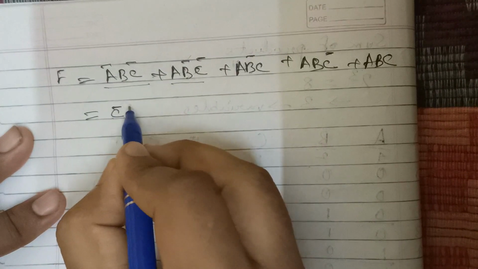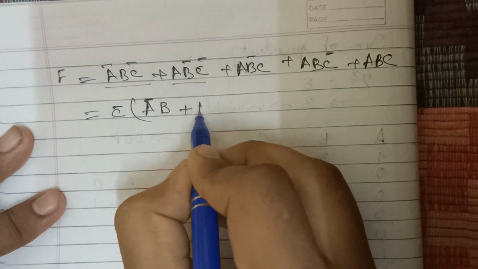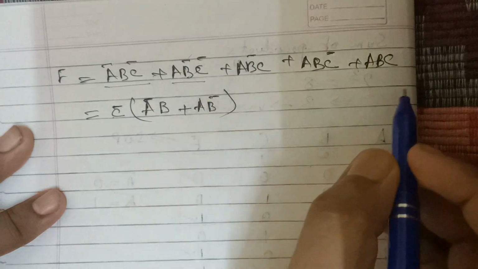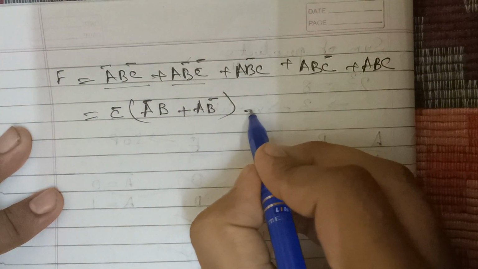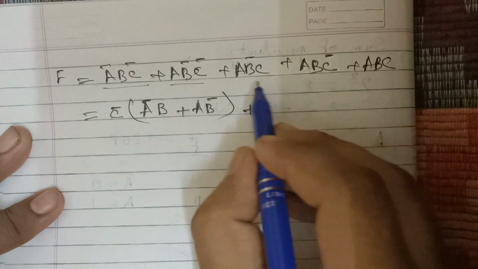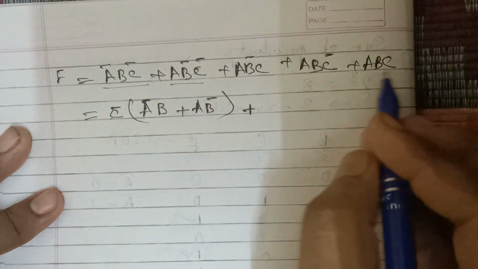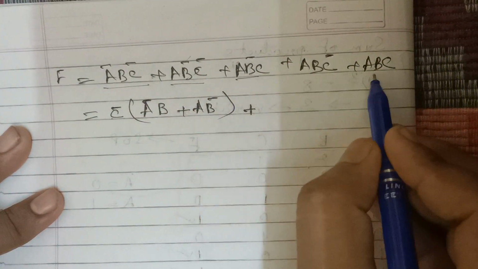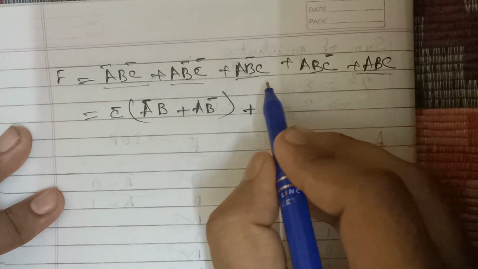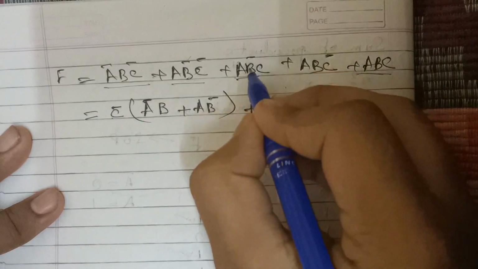So C bar. Then let us see which ones have something in common. Let us take these two values. AC is common, so AC this one and this one.